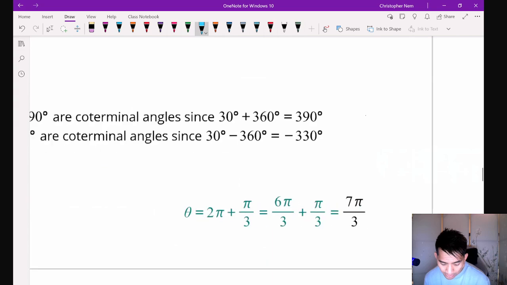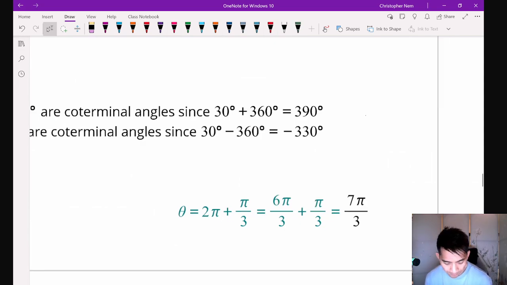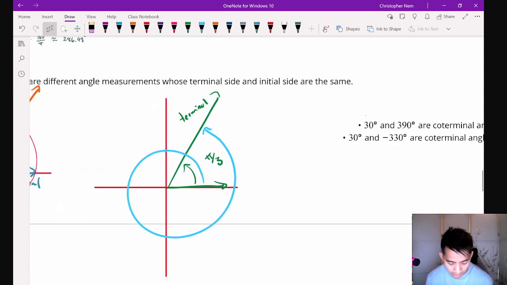So over here, I've already done the calculations. If I did 2 pi plus pi over 3, you have to know how to add these fractions. You have to turn 2 pi into a fraction and get the least common denominator. So, 6 pi over 3 plus pi over 3, which is going to be 7 pi over 3. The denominators do not need to be added up at all. It's just the numerators. Alright, so you can do that with radians as well.